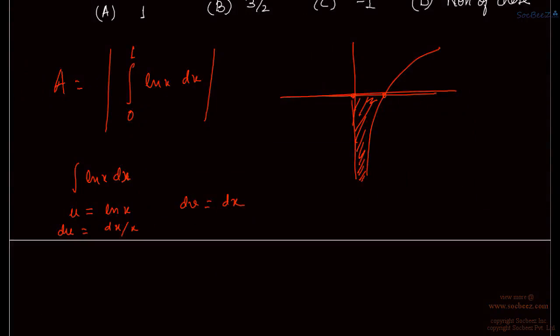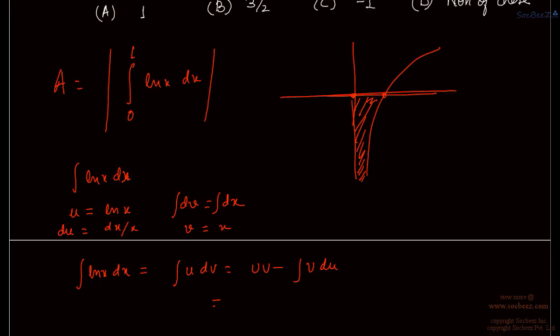and integrating dv as dx, we have v is equal to x. So we have integration of ln x dx is equal to integration of u dv, which is equal to uv minus integration of v du.